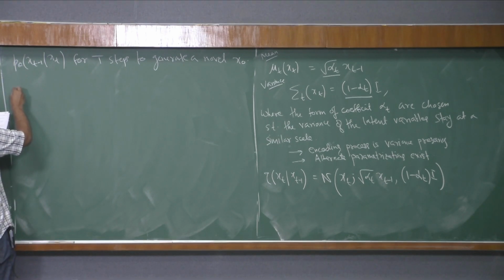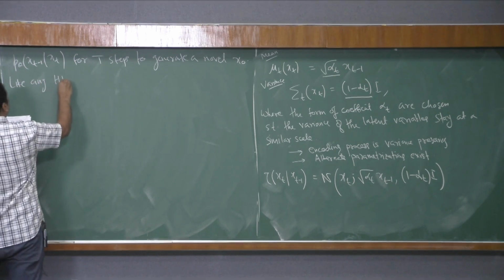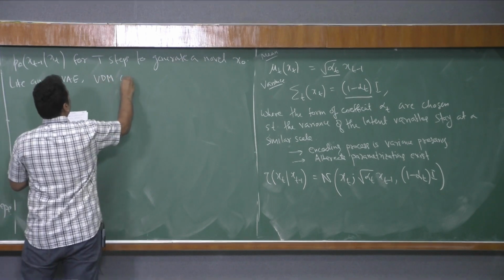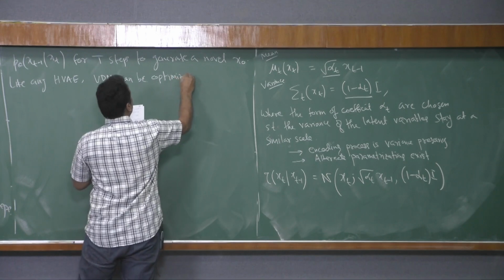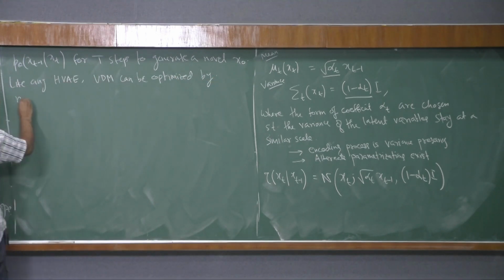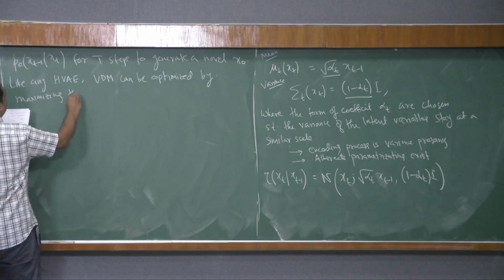So like any HVAE, VDM can be optimized by maximizing the ELBO.